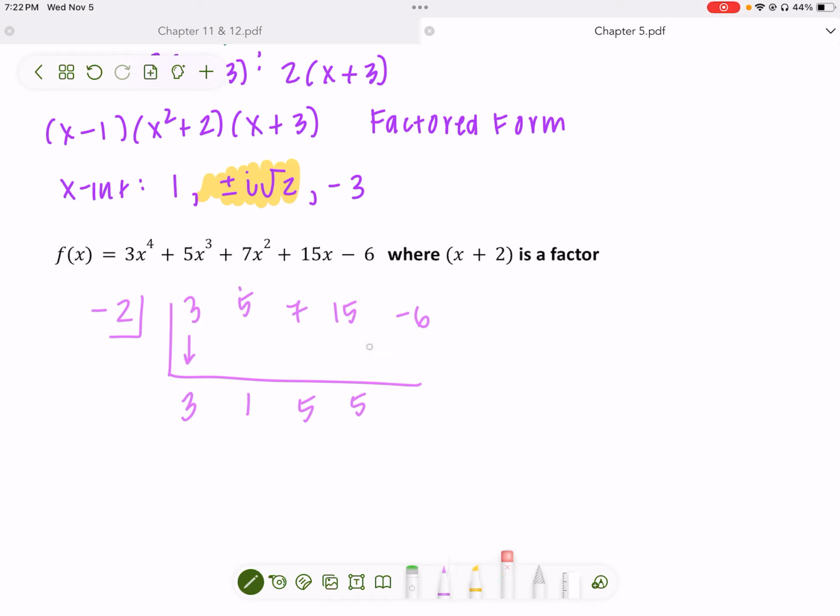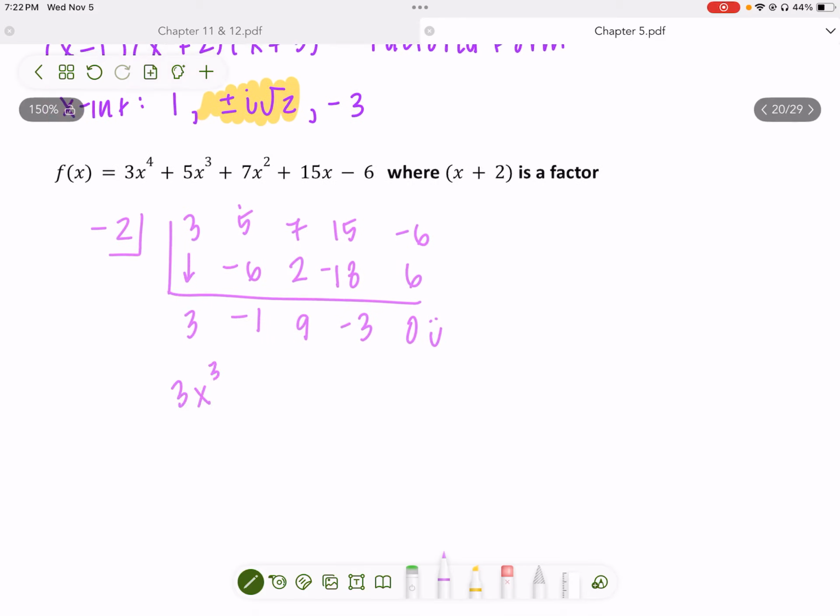Let me start over. This should factor. So 3, 5, 7, 15, -7. Bring down the 3, -6, -1. There it is. I knew something wasn't adding up. There we go.